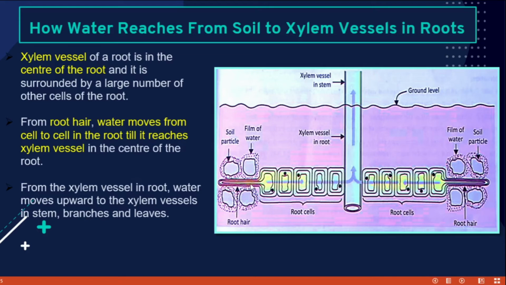Root hairs grow in between the soil particles. Then the root hairs absorb water. Then the water travels cell to cell, finally reaches the xylem tissue in the center of the stem. Then the xylem tissue pulls the water from down to top, which means up to the leaves.